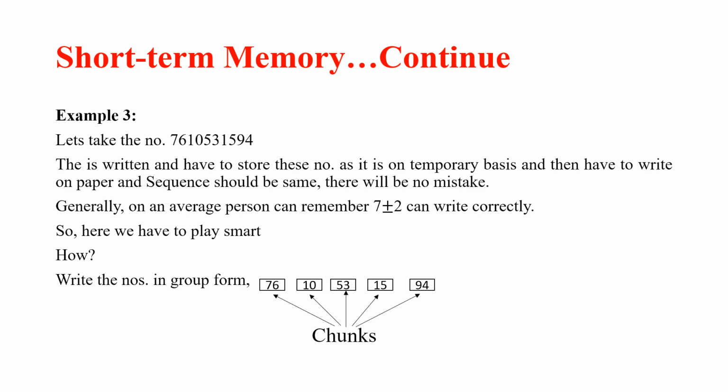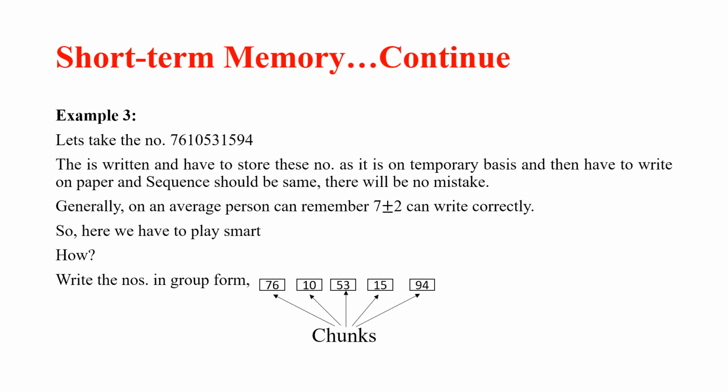The sequence should be the same, with no mistakes. Generally, on average, 7 plus or minus 2 digits is how many people can write correctly. It is the average case. So you can determine the capacity of short term memory from that, how small it is.